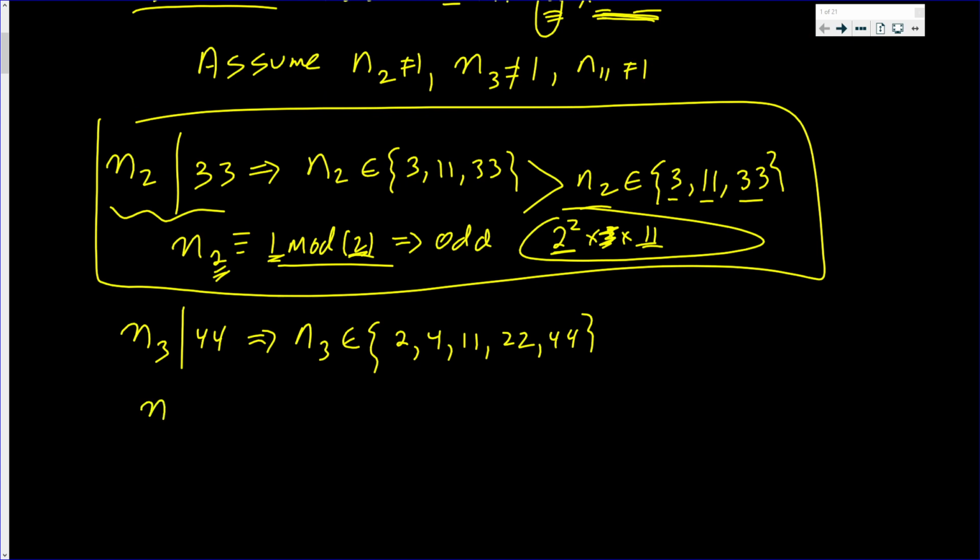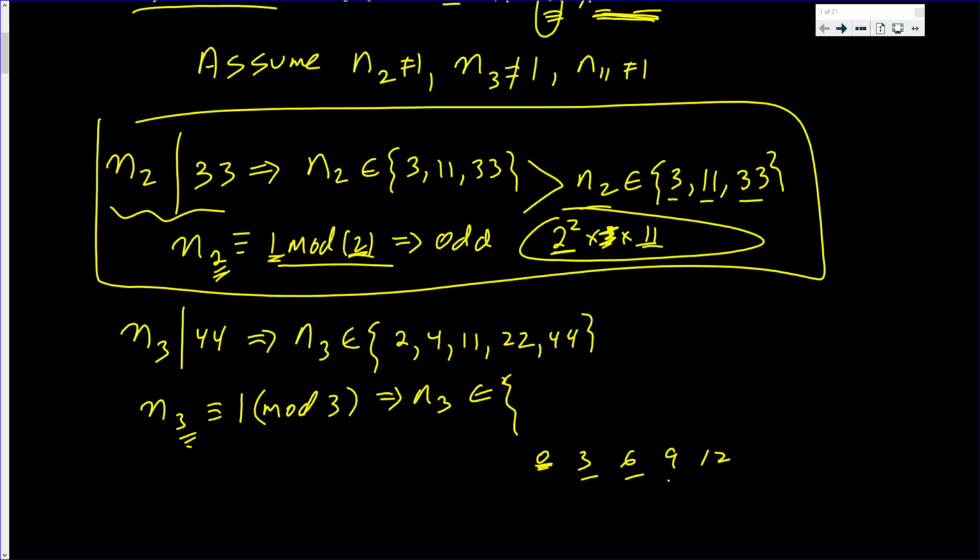Also, n_3 must be congruent to 1 mod 3. That is, it's 1 more than numbers on the 3 table. Some numbers on the 3 table are 0, 3, 6, 9, and 12. I'm going to add 1 to each of these.